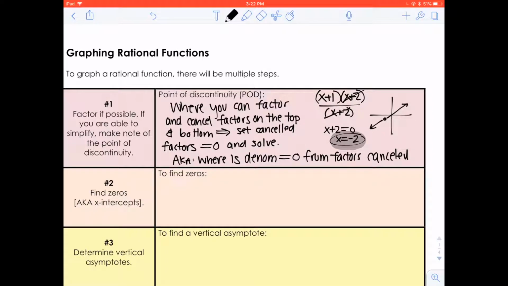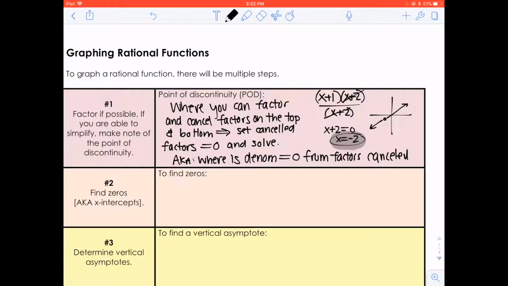Okay, you'll see a little bit more about this point of discontinuity as we go throughout these notes and do an example, but basically, if you cancel factors out, make sure you figure out what x cannot be from those factors, because that will affect what your graph looks like. So basically, find the domain. Step 2 is to find the zeros, aka the x-intercepts.